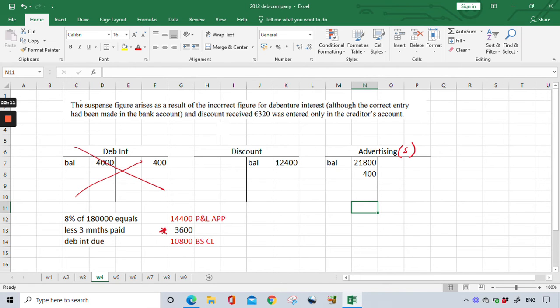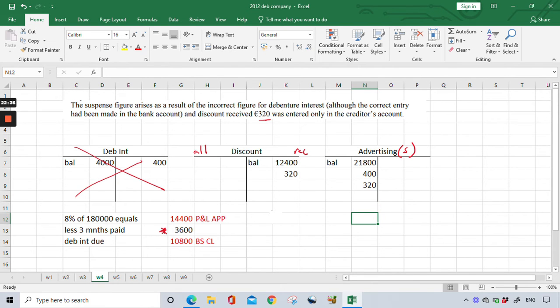Talking about discount, discount received of 320 was entered only in the creditors account. Now with discount, if you know your rules, this is allowed, this is received. So discount received wasn't entered. So we put the 320 here. If it goes on the credit side here, it goes on the debit side here. 320.